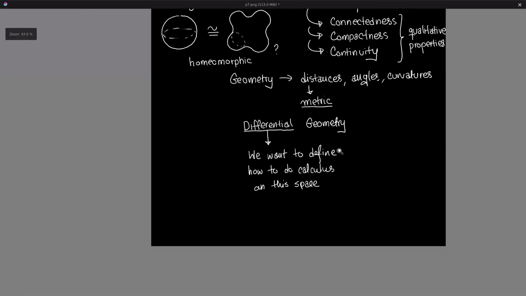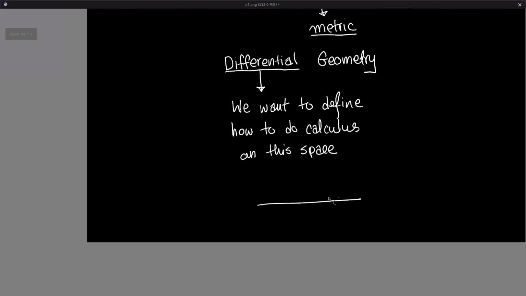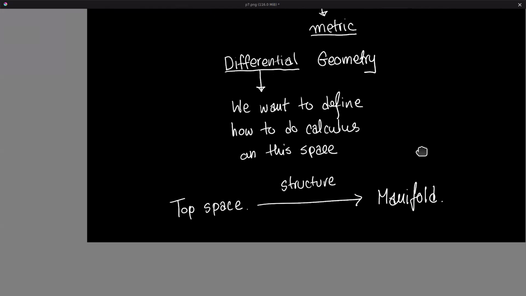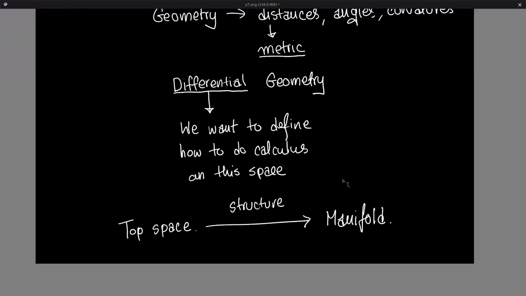And when we add this structure, there's some structure that we're going to add that is going to turn our topological space into something that we're going to call a manifold. And specifically, once we want to do differential geometry, we're going to want a smooth manifold.